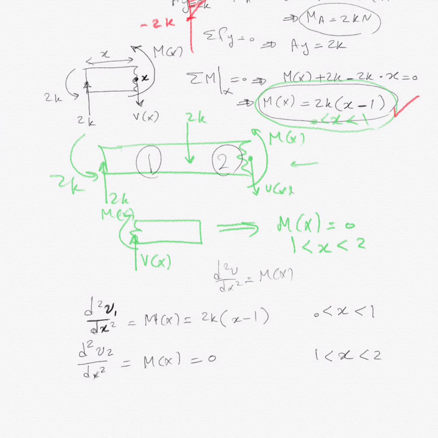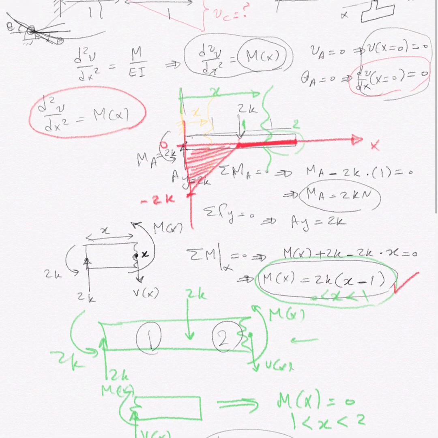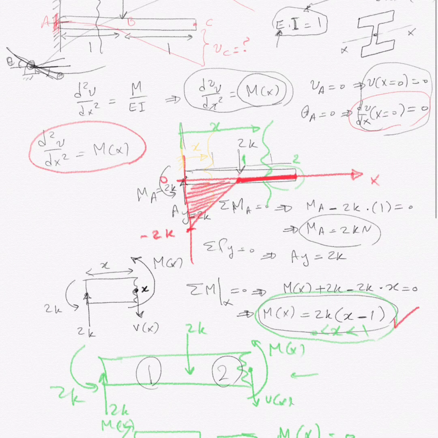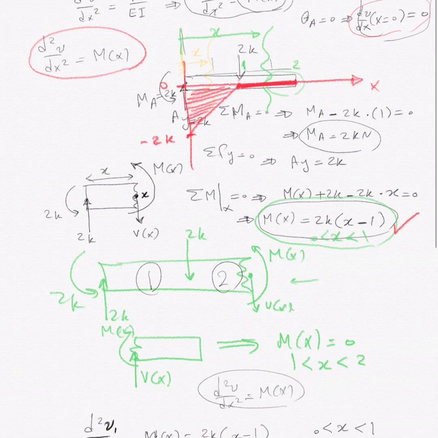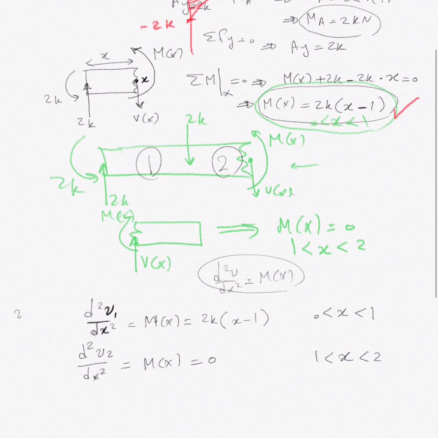So what are the boundary conditions here? Look at where we have the connection to the wall. That happens right here. In fact, it's v1 at x equal to 0 is equal to 0, and the derivative of v1 at x equal to 0 is equal to 0.